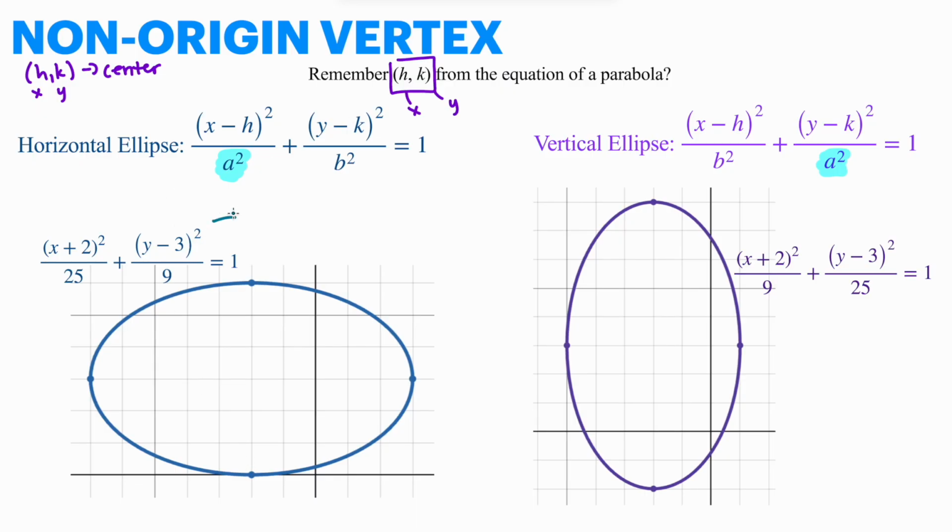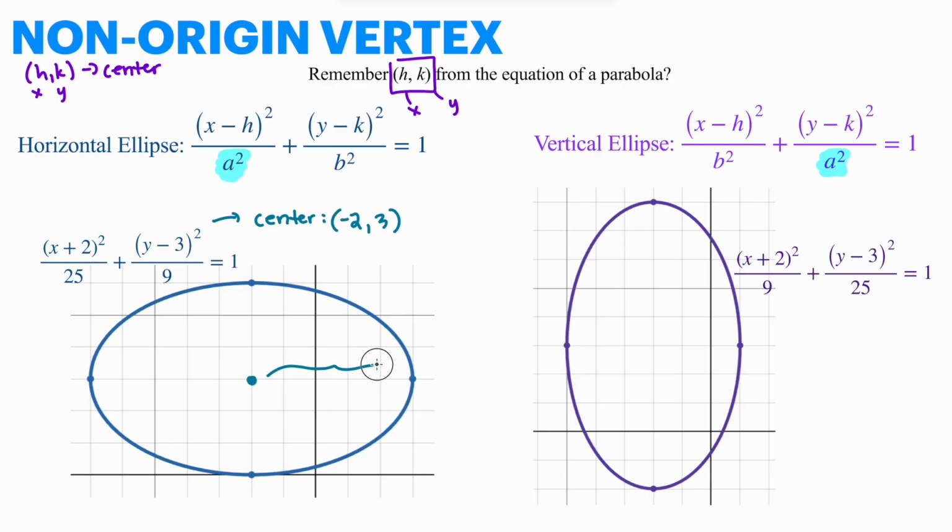So therefore, I know that my center is going to be the opposite sign. x plus 2 means you're going to have a -2, and y minus 3 means it's going to be a 3. Because the original function has minuses, then you're taking the opposite. So -2, 3 is going to be right here.